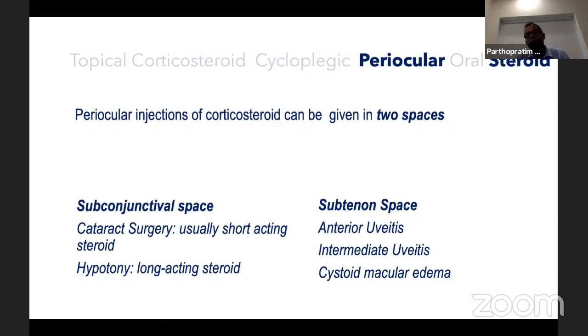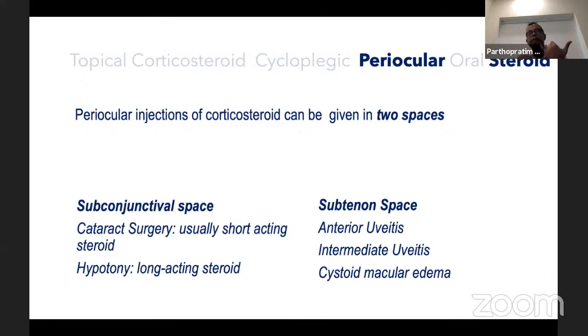The next space is the subtenon space. There we inject in cases of anterior uveitis which is not responding to topical steroid. And in intermediate uveitis, unilateral intermediate uveitis or pars planitis, we give the subtenon injection. Also in cystoid macular edema, we give the injection in the supratemporal quadrant by Nozik's method.